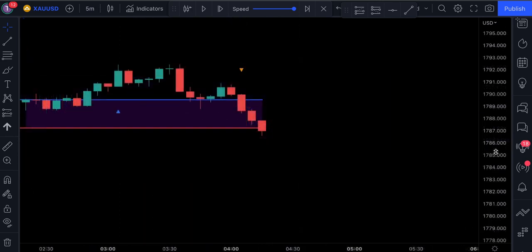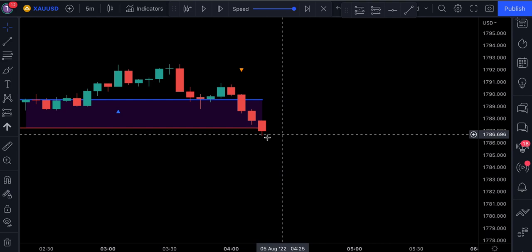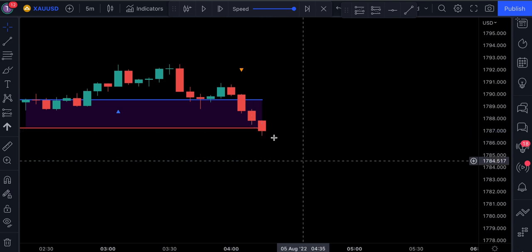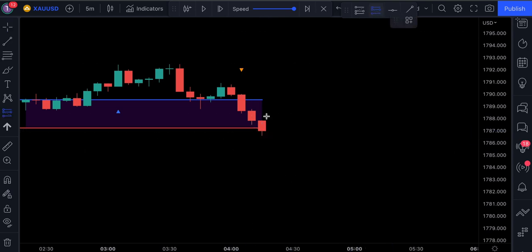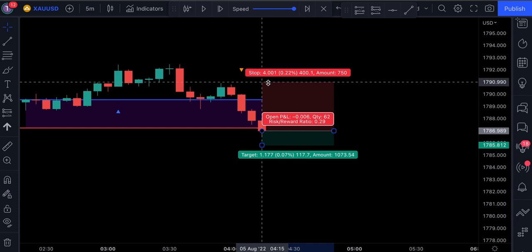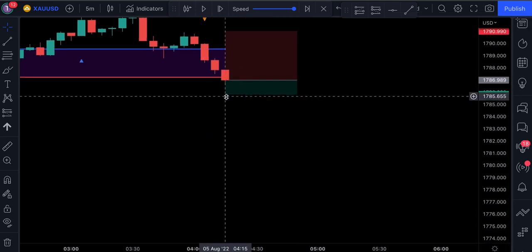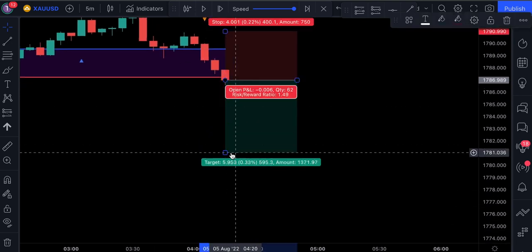For short positions though, the price action must either break below the cloud, or the extreme trend indicator has to issue a bearish signal while the price action is being below the cloud. Our stop loss will be set at the recent highest price, and we're going to be targeting 1.5 times the risk.